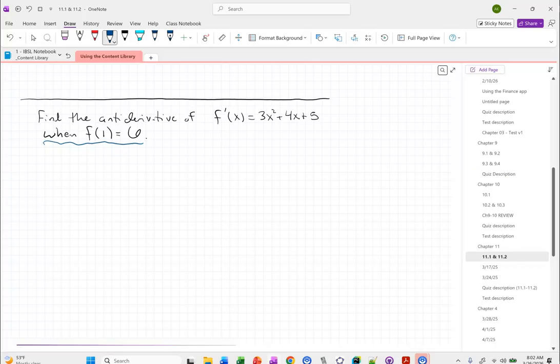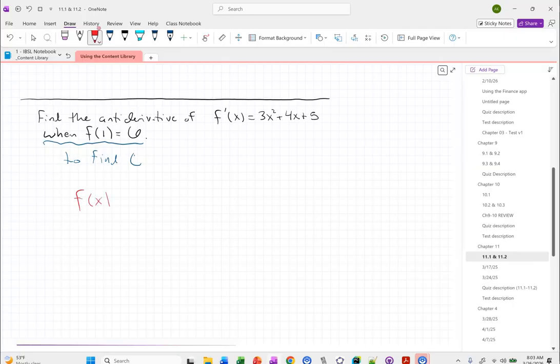Notice that it doesn't ask for the general antiderivative, so there should be no plus c in this problem. It wants the actual value for c. That's what we're going to use f of 1 equals 6 to find. Okay? So that part is just going to be used to find c.